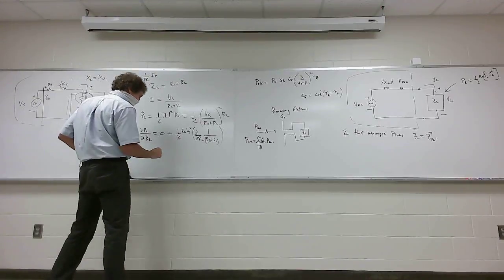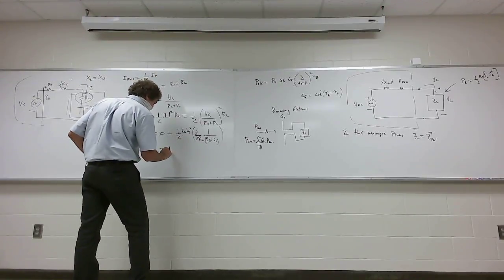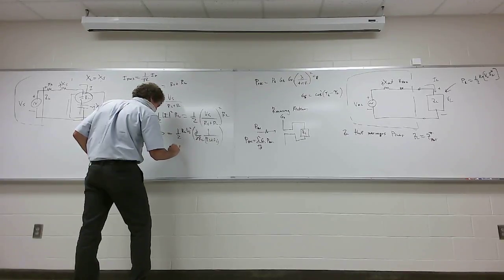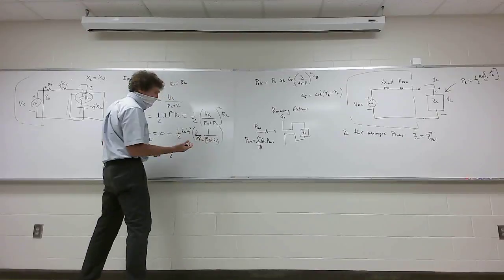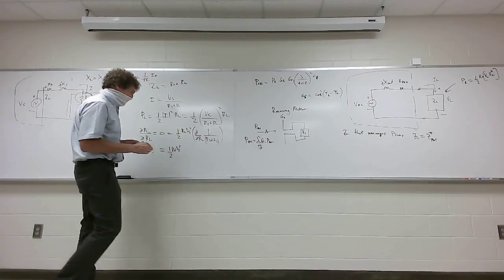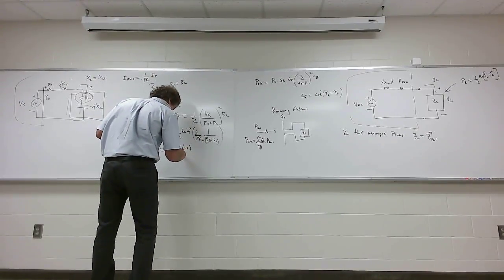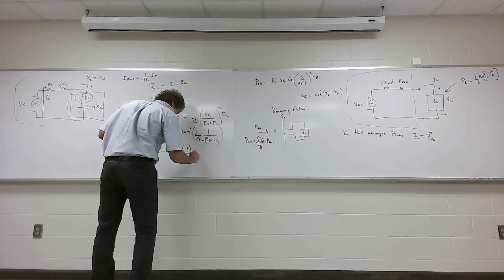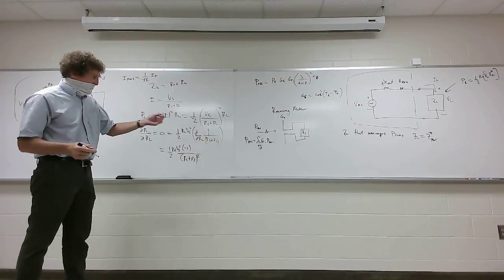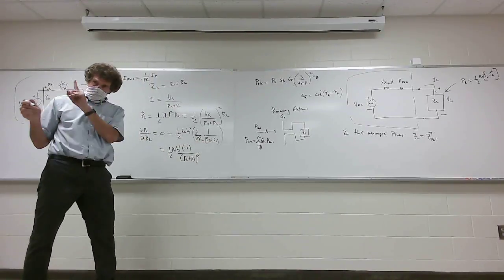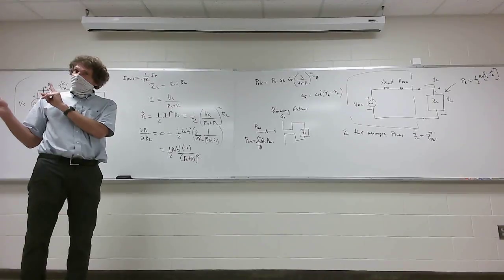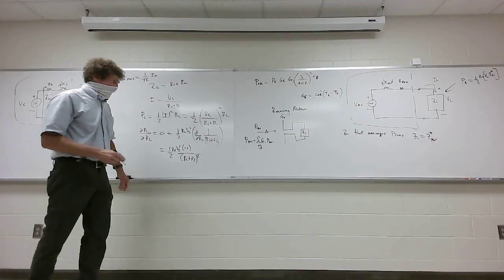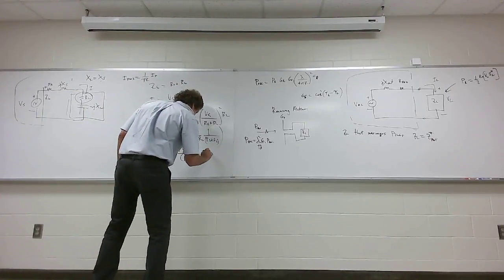What's that going to be? 1/2 RL Vs squared, right? And then this is really Rs plus RL to the -1, so it'd be -1 over RL plus Rs squared, and then the derivative of this with respect to Rs is 1. Agreed? You at least understand picking a derivative and setting it equal to 0, correct, class?